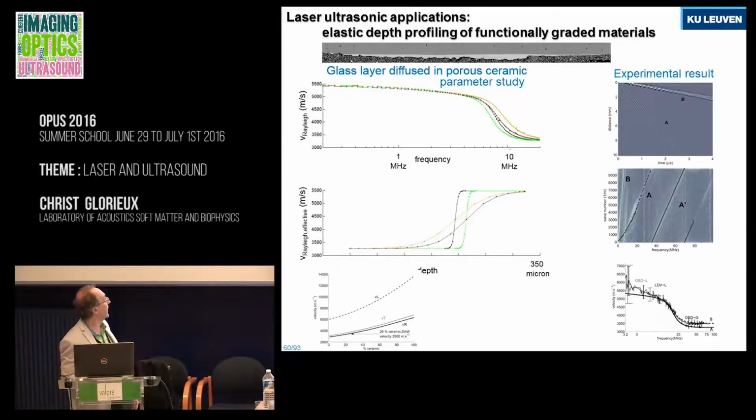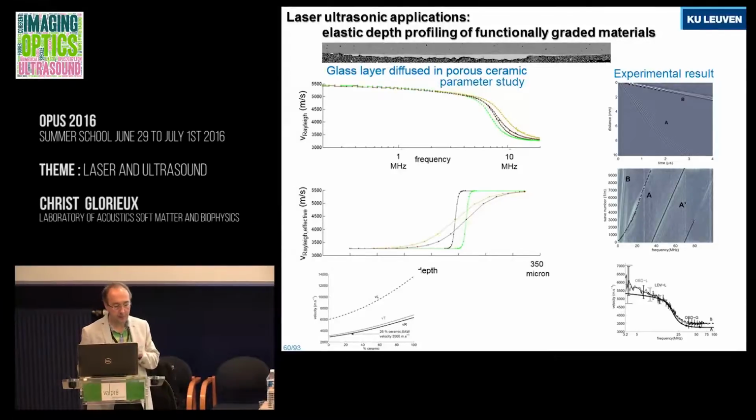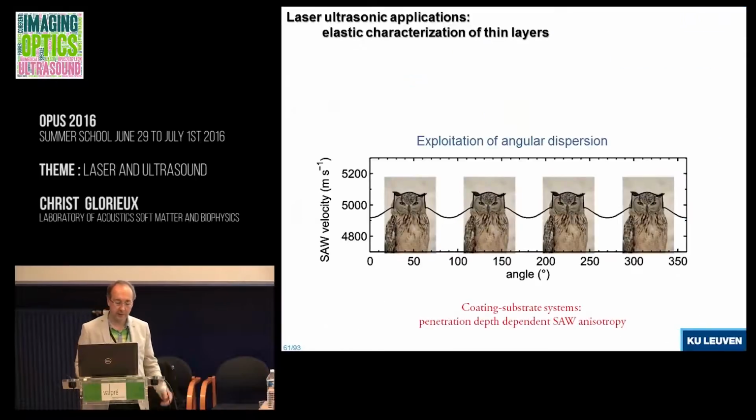So you see that the profile has an effect on the dispersion curve, but you can also see that it's a bit ambiguous. Maybe two different effects on the profile will have the same effect on the dispersion curve. It's a bit tricky. So it's a bit of an ill-posed problem. But nevertheless, with some a priori information, you can have reconstructions.